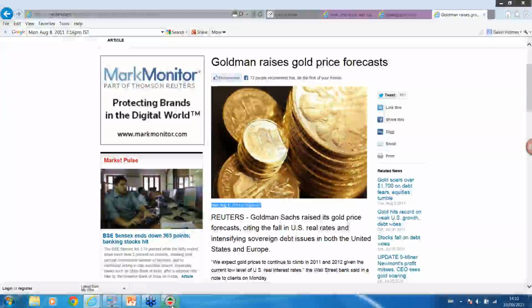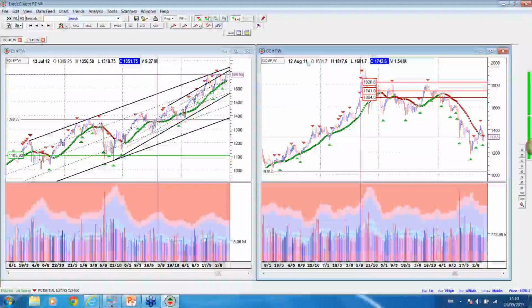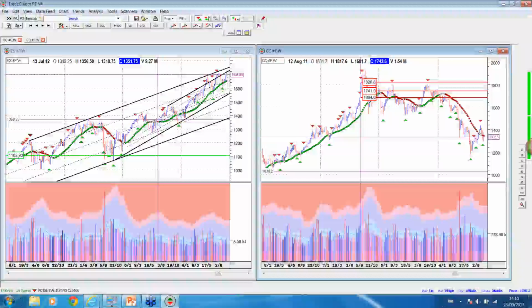All right, now on the right is gold. That is the same week that we had the news from Goldman Sachs, and you can see the volume is absolutely massive on that price bar. And I've drawn quite deliberately 3 red lines on that bar.